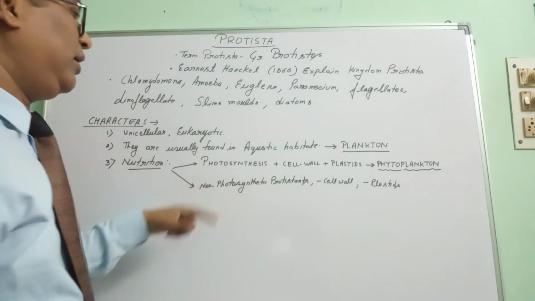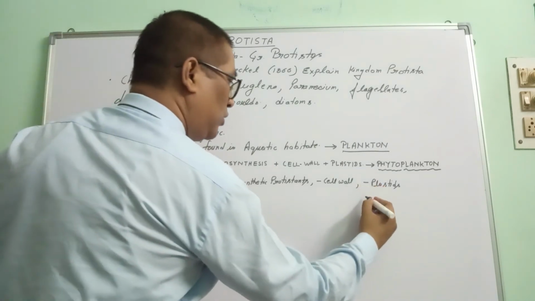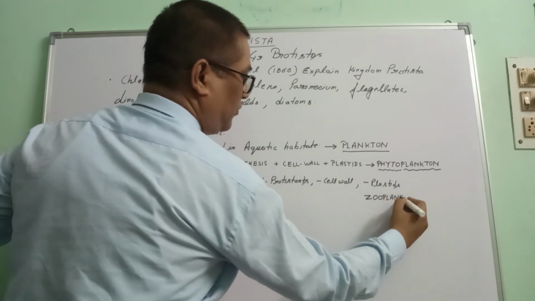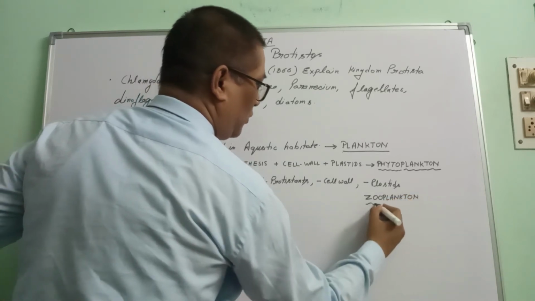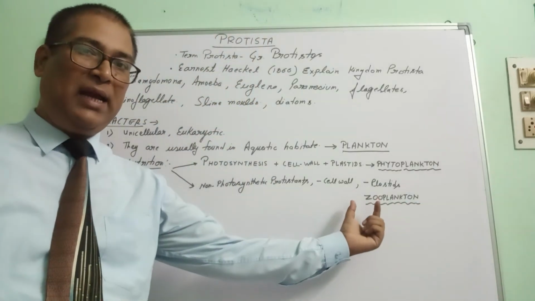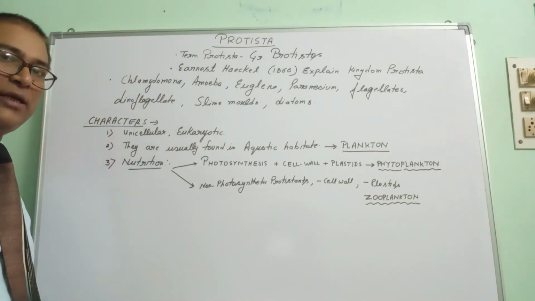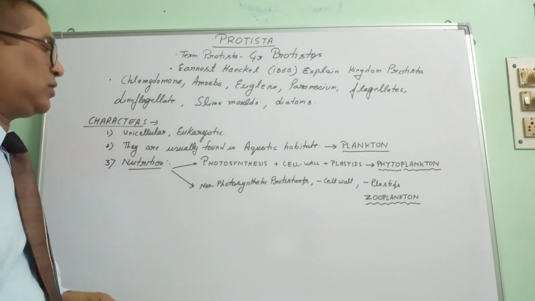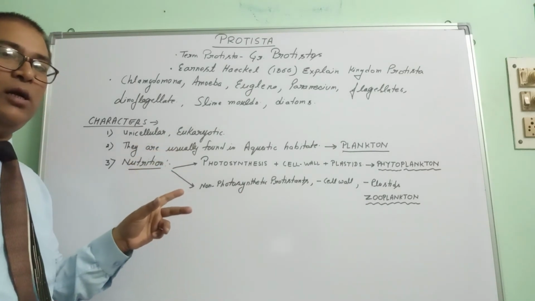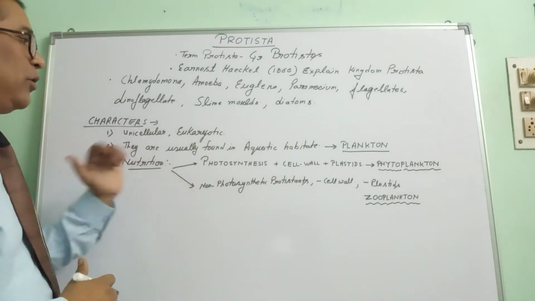Such non-photosynthetic protistans are known as zooplankton. Zoo means Animalia. They generally show non-photosynthetic type of nutrition, maybe heterotrophs. So regarding nutrition, these are the two basic classifications of the protistans.